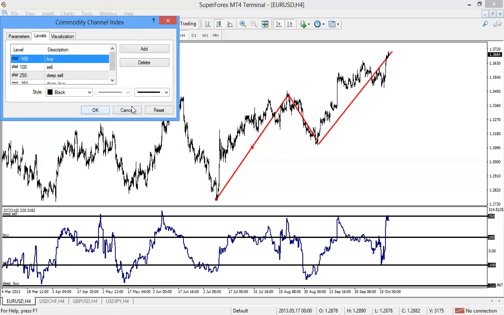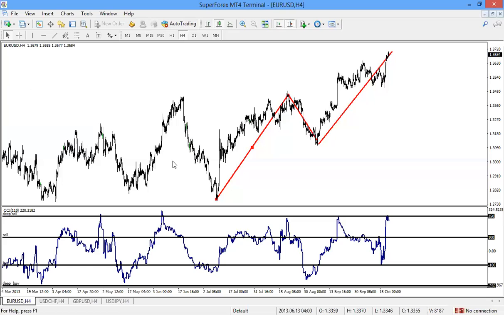Right. So if you look at our CCI now, you can see that the market came around the zone of deep buy here. If you could work with the CCI and press your buy, you could have bought the market from day to day.